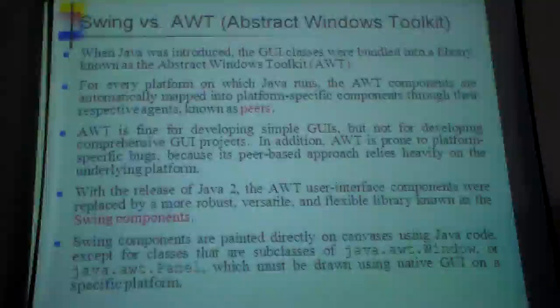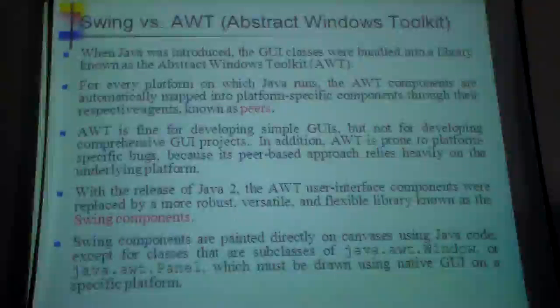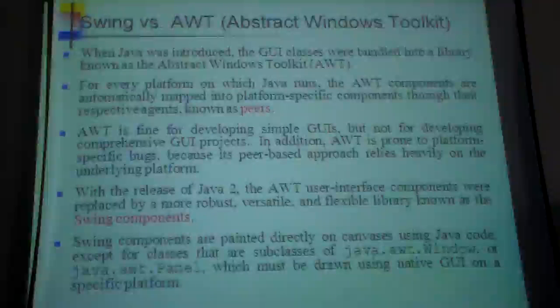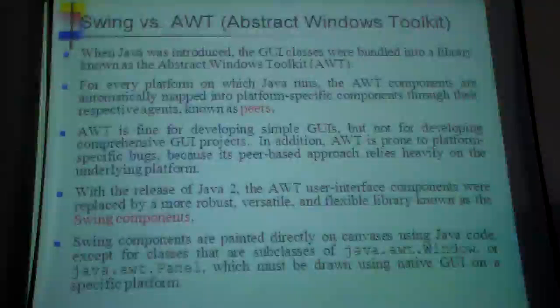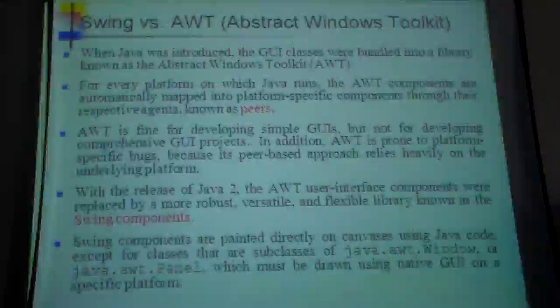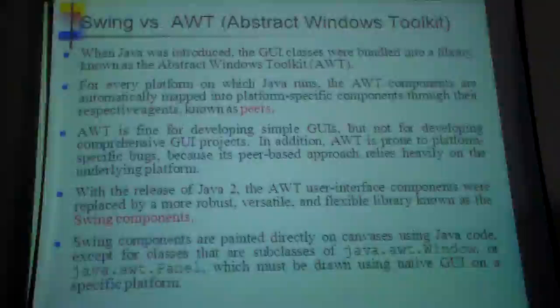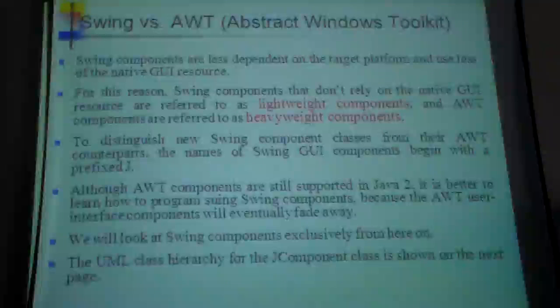To AWT. It does not mean Swing deleted AWT and came to replace it. No. It used some and it used some from AWT. So when you are trying to use something which is in AWT, maybe you can use it in Swing. It is included.